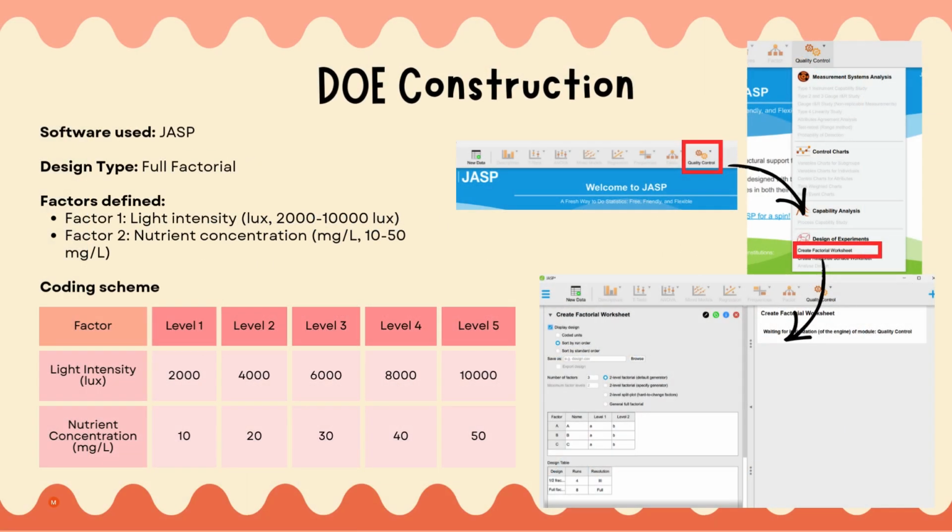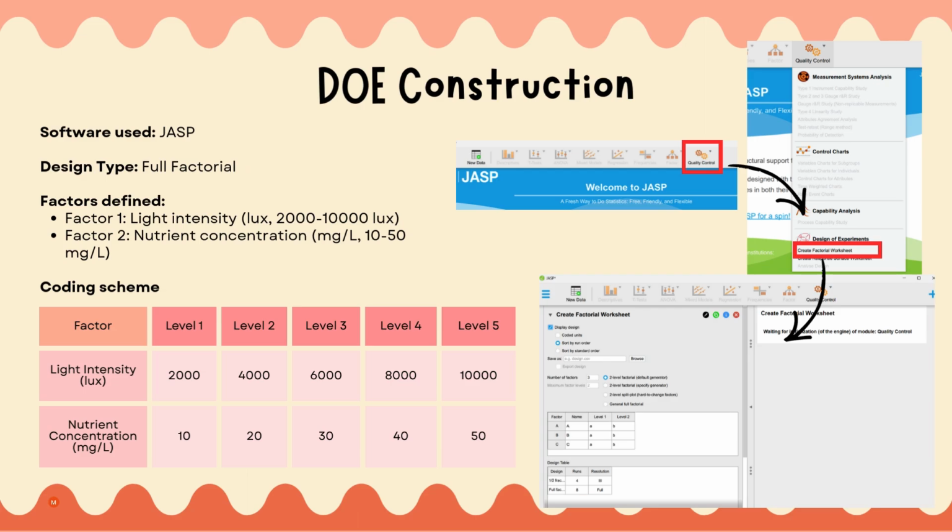So for DOE construction using software, the software we will be using is JMP, and the type of design of this experiment, as mentioned before, will be full factorial. The factors to be defined in this experiment are light intensity, ranging from 2000 to 10,000 lux, and the second factor is nutrient concentration, ranging from 10 to 50 milligrams per liter.